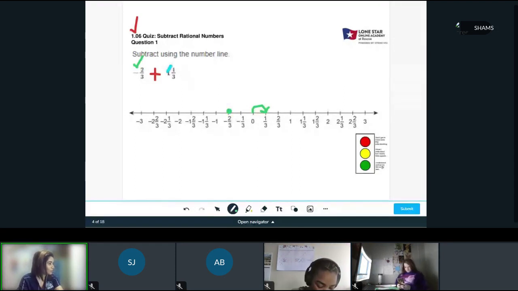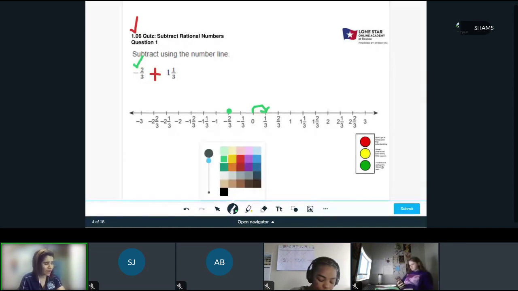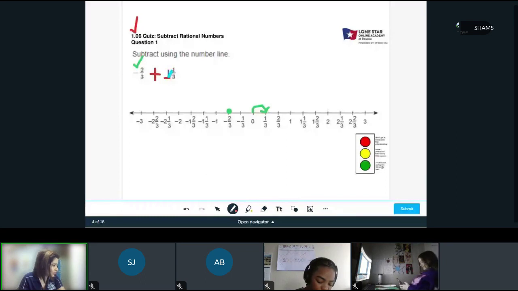Then you want to add 1 whole and 1/3. Before I do the entire thing, you guys know I want to go step by step. I want to add the 1 first, just the 1. And whenever you want to add, you are going to be moving to the right side for adding because the number is supposed to get bigger.